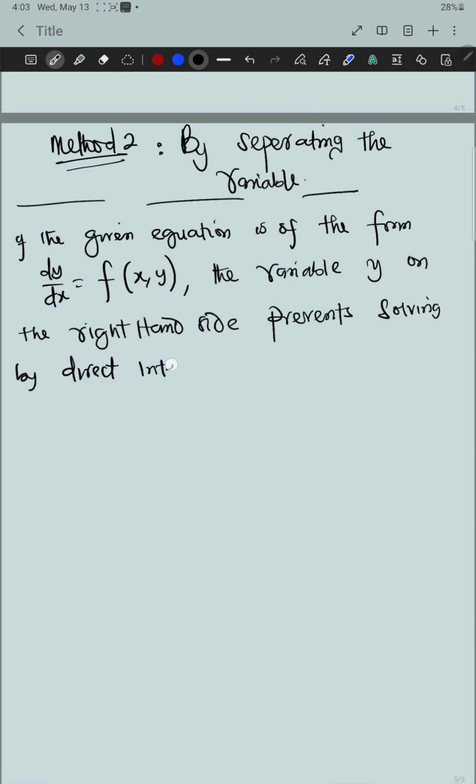You can't use direct integration here because the variable y is on the right hand side.